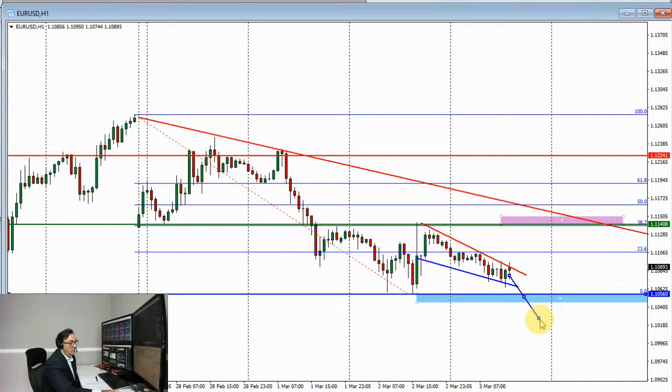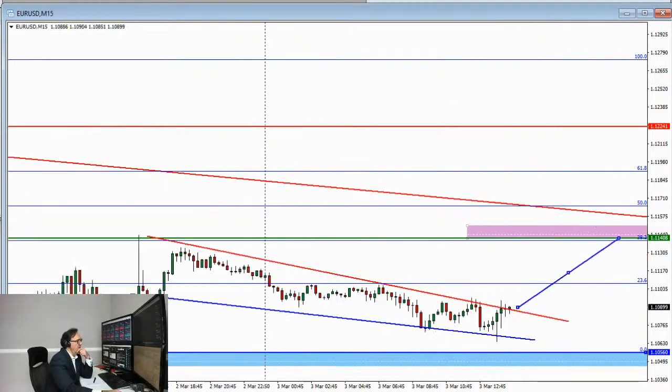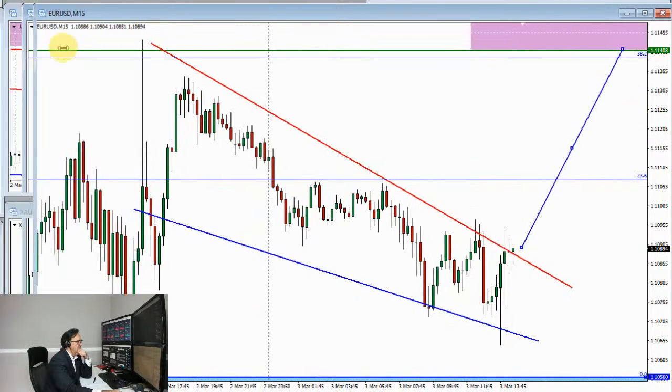Potentially that could open the way for a gradual move lower towards 110, possibly even 109.40 to the downside. So 110.60, 110, 109.40 would be the levels I would be paying attention to. So this is euro dollar. I have no trade at the moment. I would likely be sitting in a bearish camp here if I get the chance.